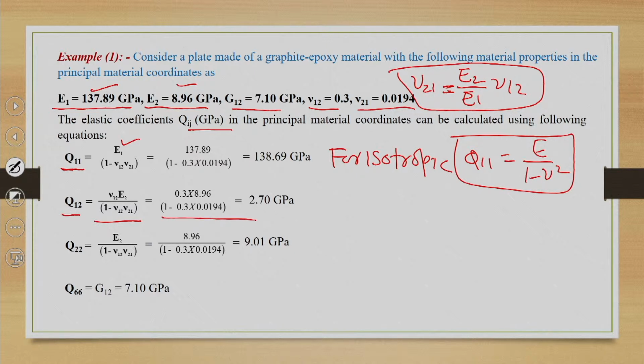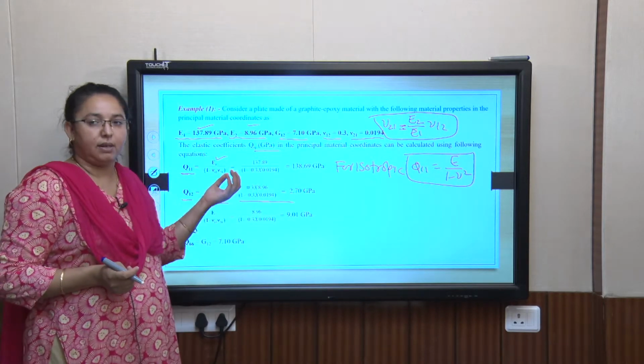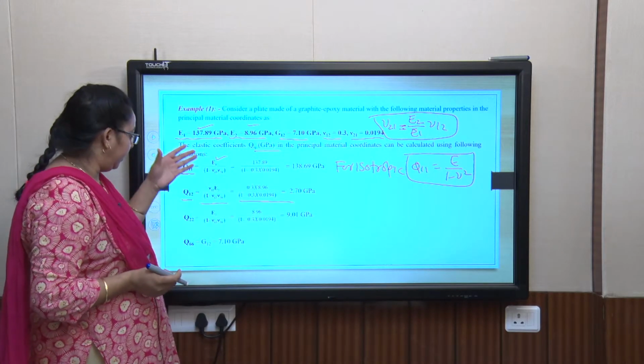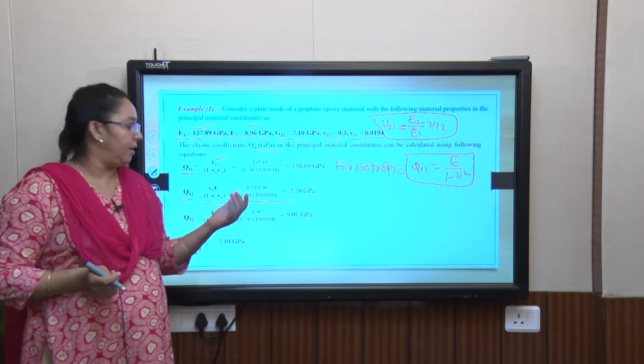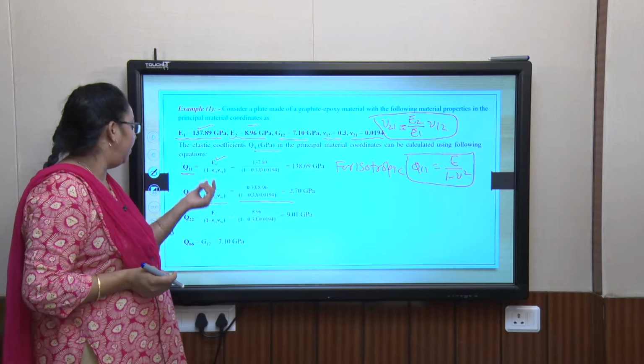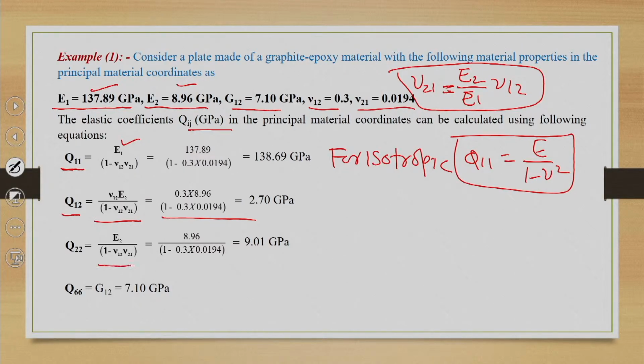These are the very standard relations, or I would like to say the basics of structural mechanics. If we are not comfortable with this, we cannot proceed further. We must know how to evaluate Q11, Q12, Q22, and Q66 is nothing but G12.